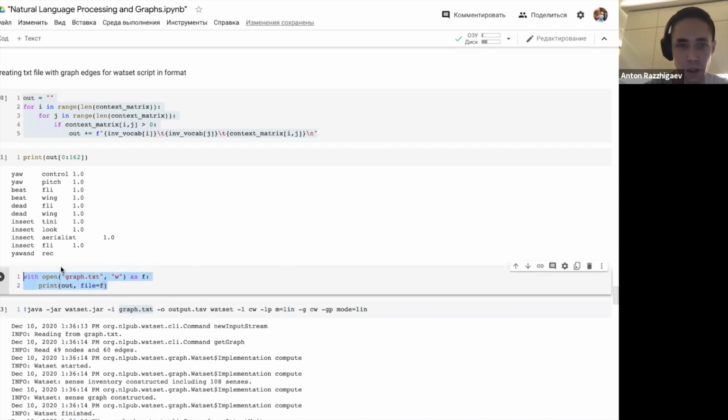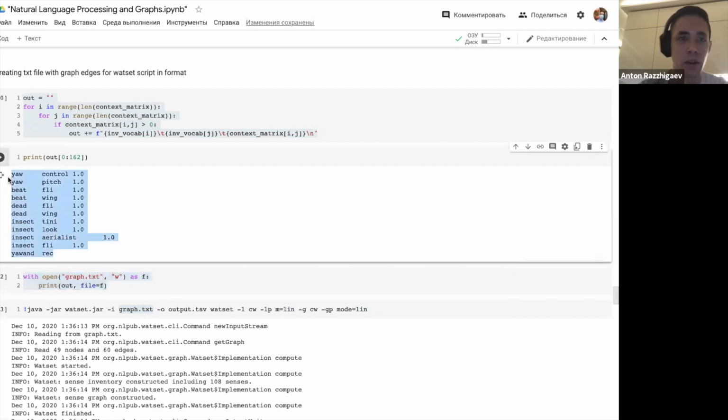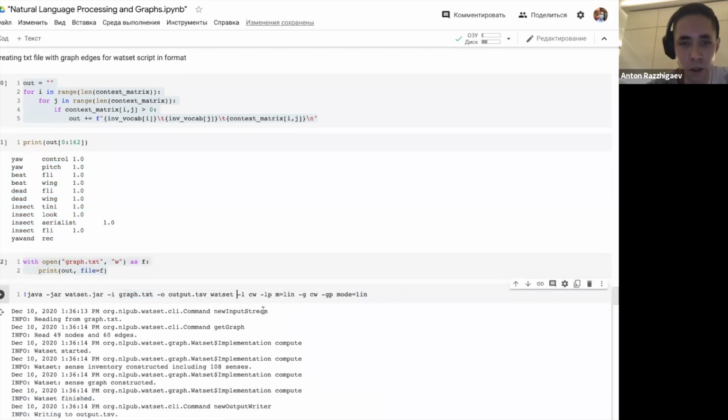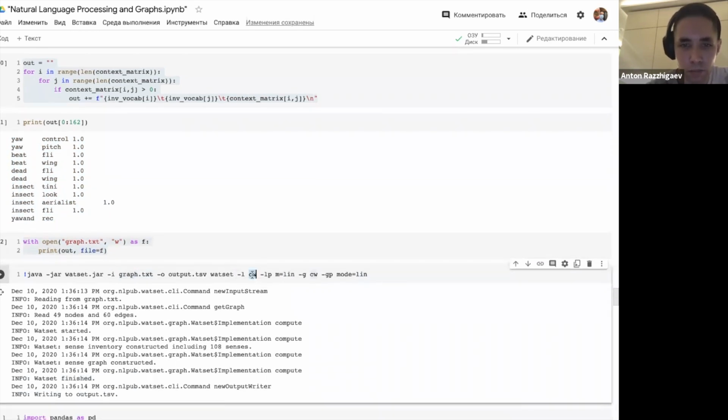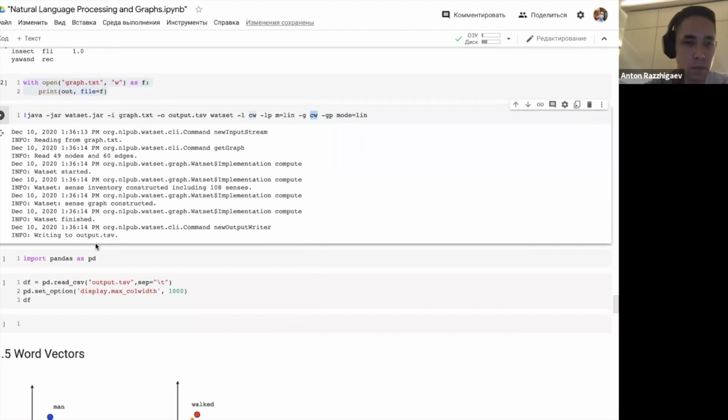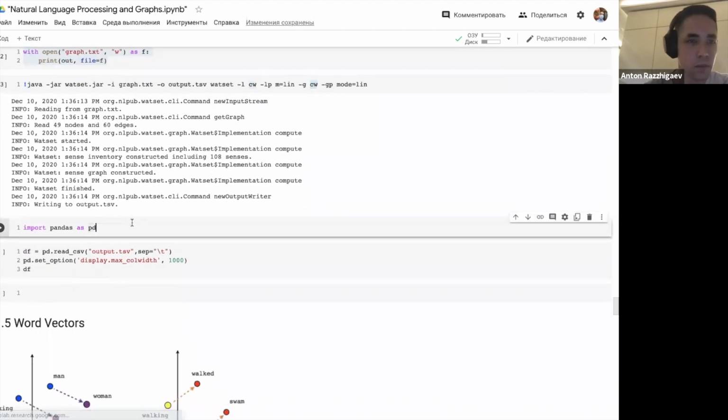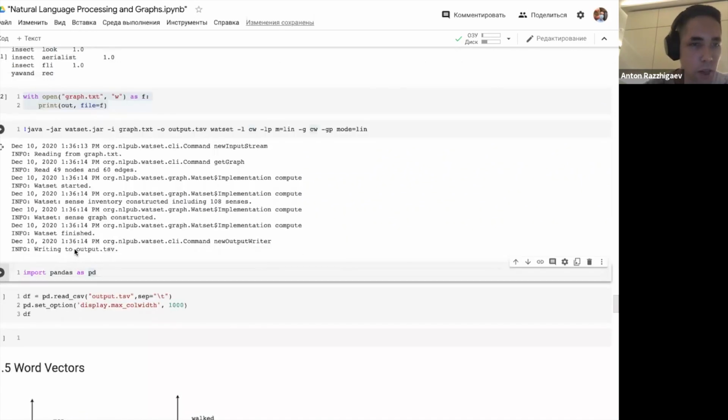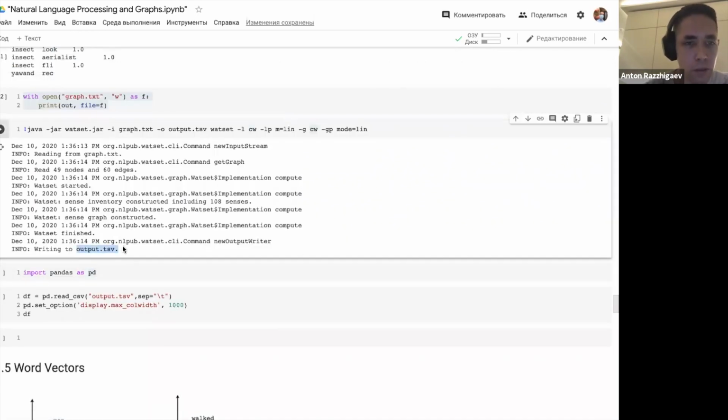We created this file here, and it looks like this, and applies the Watset algorithm with Chinese Whispers as the shallow algorithm for clusterization. Well, the result of the algorithm was saved to an output TSV file.